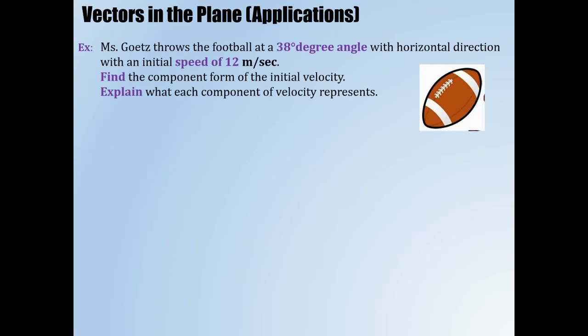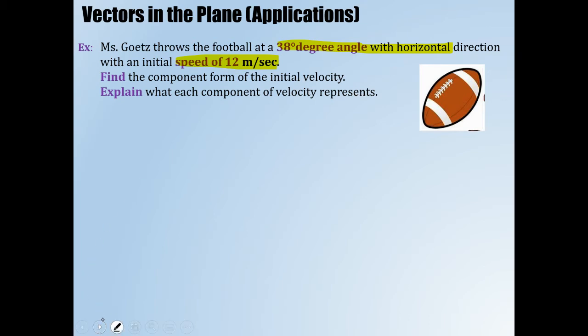Miss Getz throws the football at a 38-degree angle with the horizontal direction. 38 degrees with the horizontal is an important thing to remember, with an initial speed of 12 meters per second.